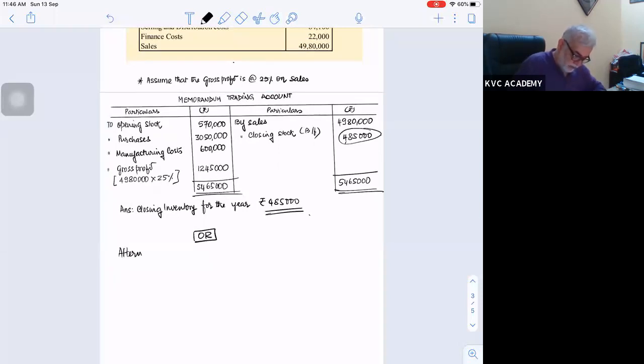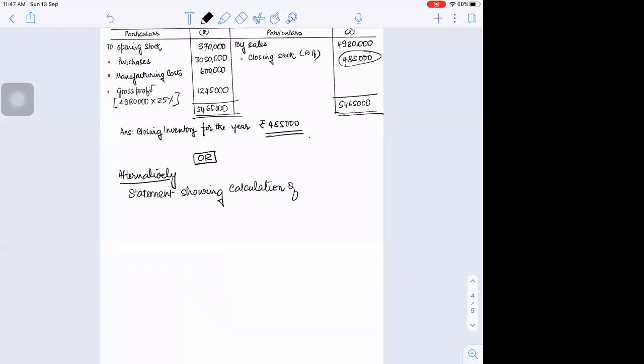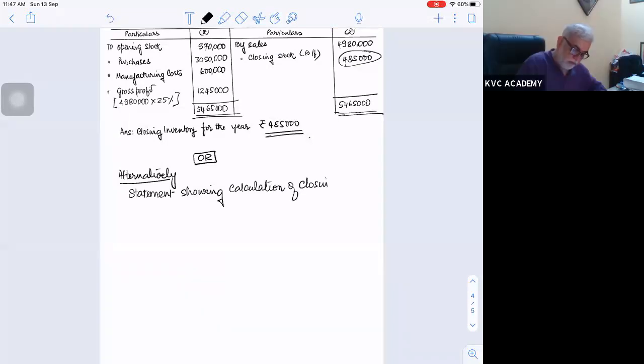Alternatively, statement showing calculation of closing inventory. You can use any one of these methods, okay?